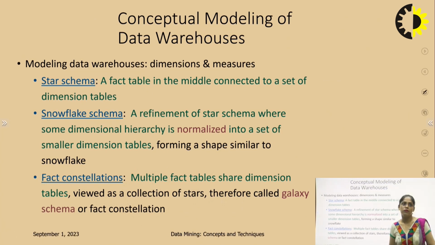Conceptual modeling of data warehousing. As we have already discussed these 3 types in our previous lecture, let us talk about them briefly in a more conceptual way in terms of OLTP and OLAP. Basically, in star schema, you already know it is a star kind of a thing.